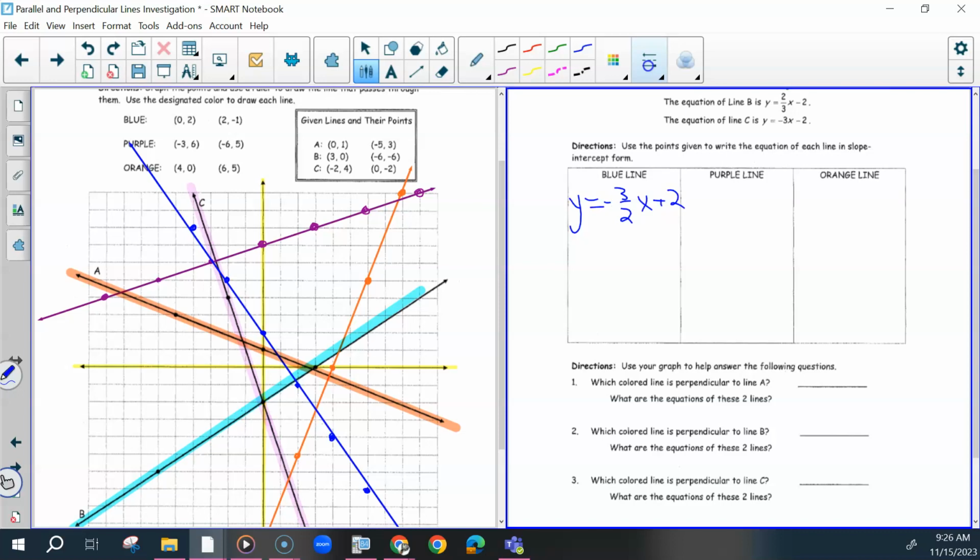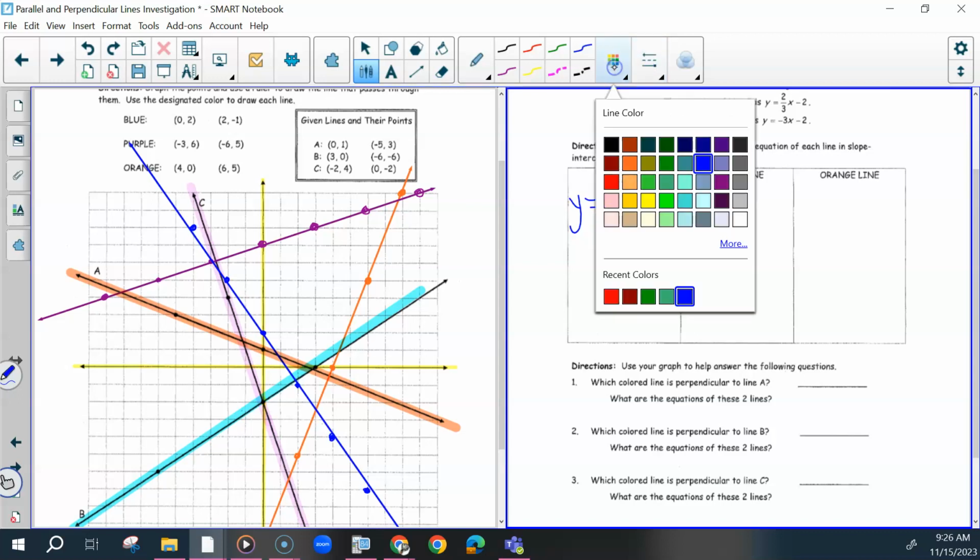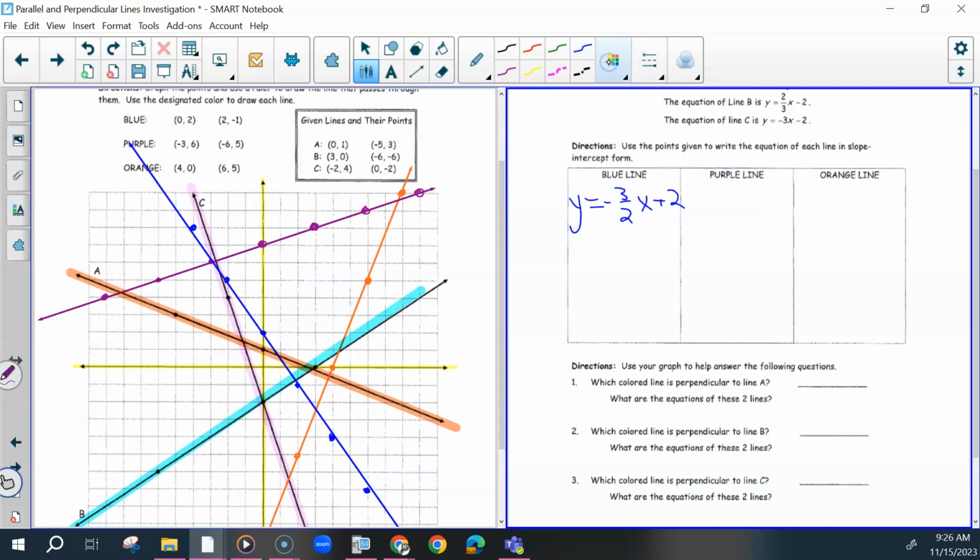Our purple line is going up 1 over 3, and our y-intercept is at 7. So y equals 1/3 x plus 7.